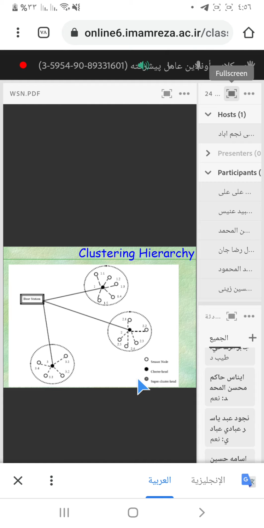Okay. I think it's clear for you to understand the difference between the clustering hierarchy and the layer network. Yes, it's clear for you.